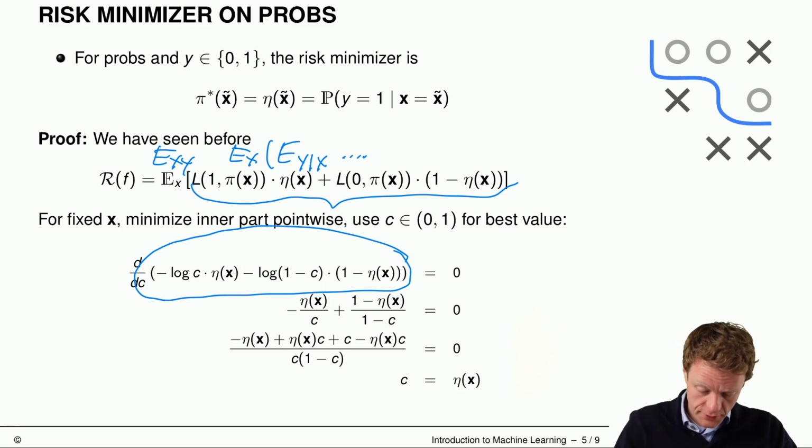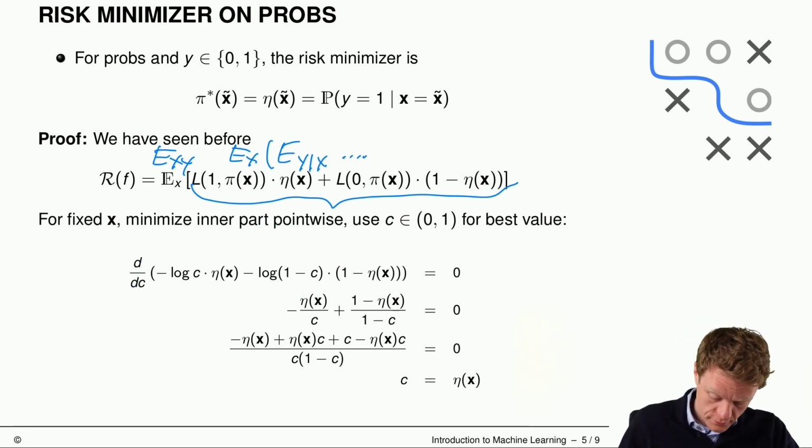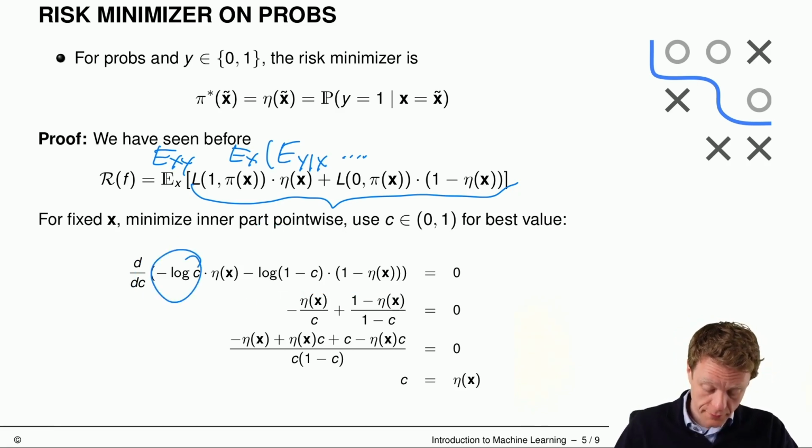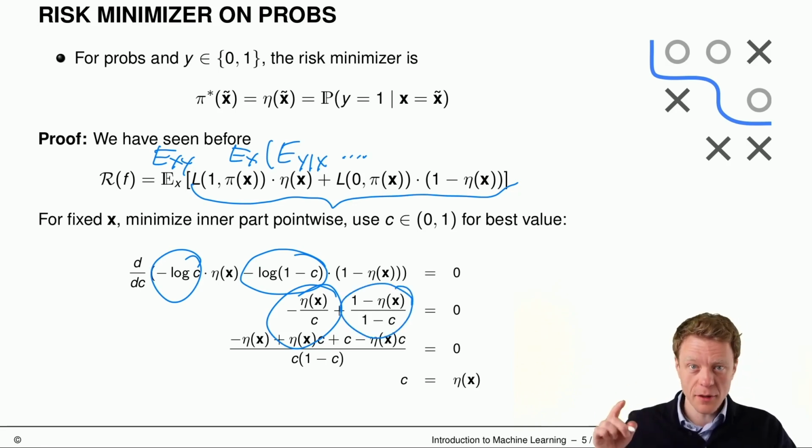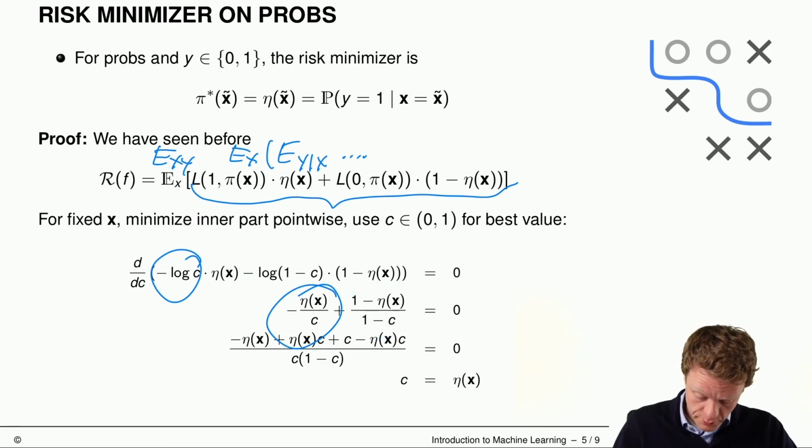The derivative of minus log c is 1 divided by minus c, of course, that's this part here. The derivative of minus log 1 minus c is 1 divided by c times minus 1, the inner derivative. So we have a plus here.